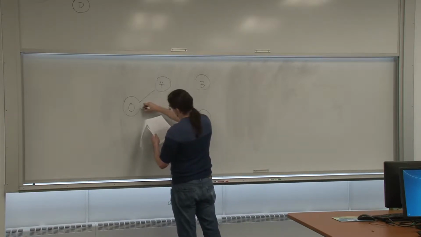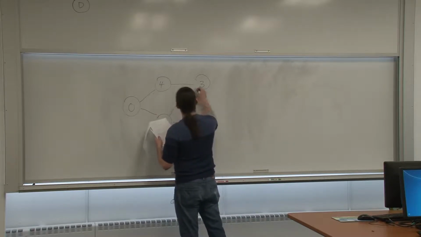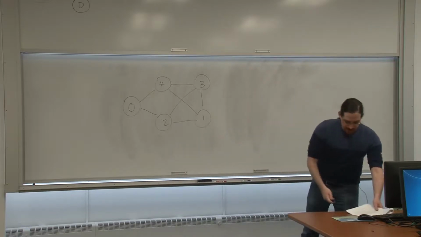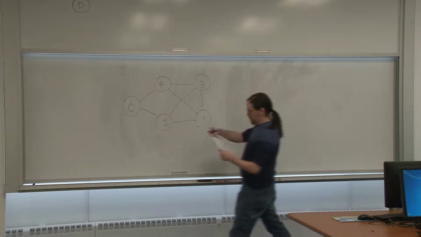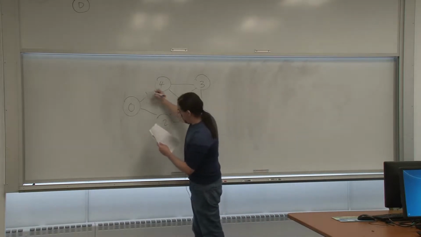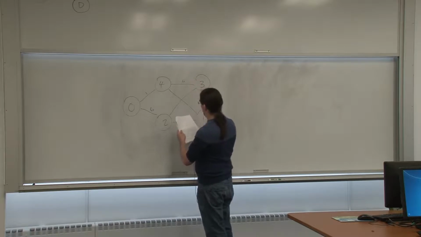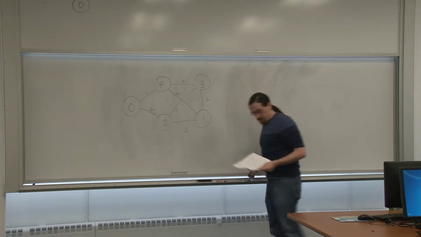So that's going to be here, here, here, here, here. And we'll draw in the weights in a different color so it's easier to see. This is weight 1, weight 6, weight 5, weight 3, weight 2, weight 7, and weight 6.